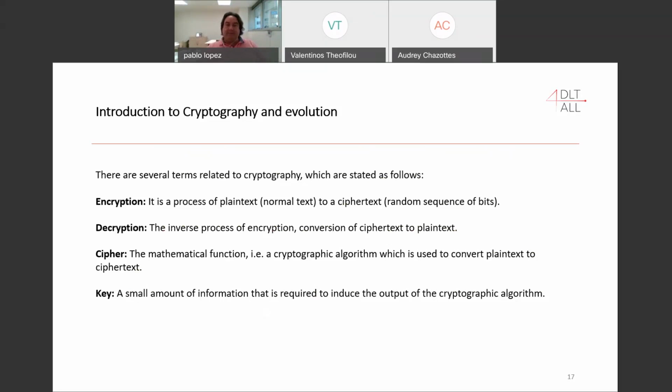Cipher is the mathematical function, for example, a cryptographic algorithm, which is used to convert plain text to ciphertext. The key is the small amount of information that is required to determine the output of the cryptographic algorithm.